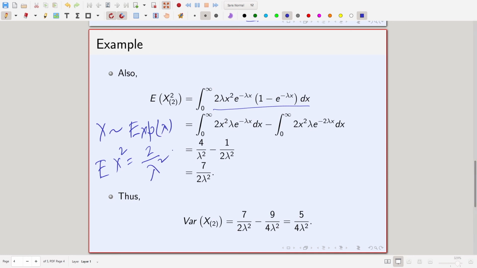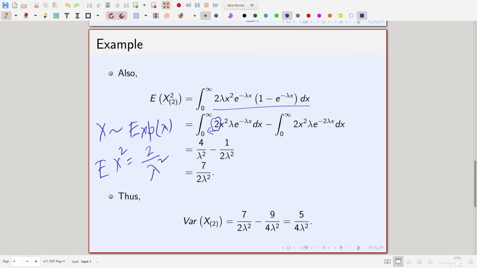Again, this you can easily check, so we will use it here. So again we break the integral. The first one, we can take this 2 out, and then it is just the integral of x square lambda e to the power minus lambda x dx.